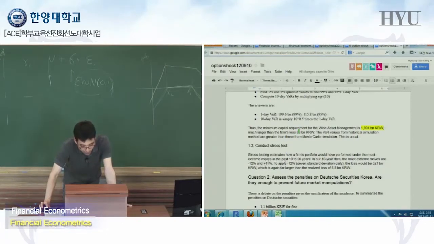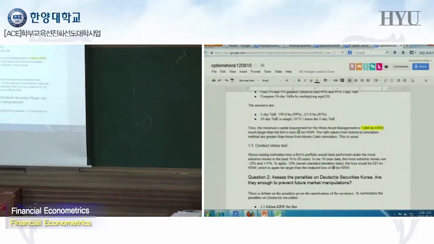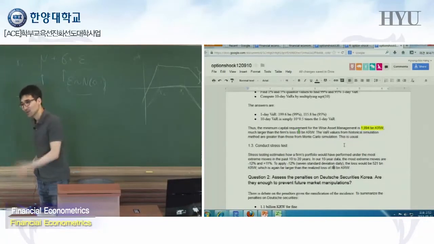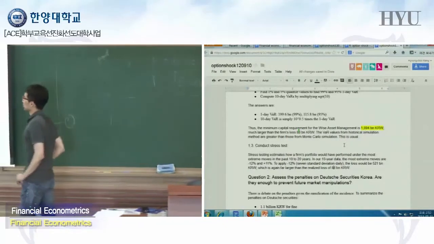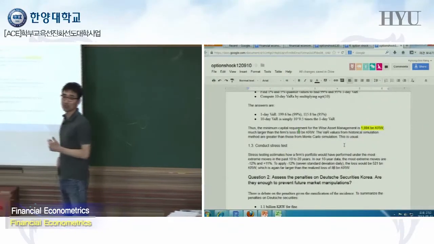Applying minus 12%, the loss would be 521 billion, which is far larger than the realized loss of 88 billion Korean won. So if the Dark Horse fund conducted this value at risk analysis, calculated the minimum capital requirement or a stress test, and did cautious and prudent risk management, they would have avoided this disaster.